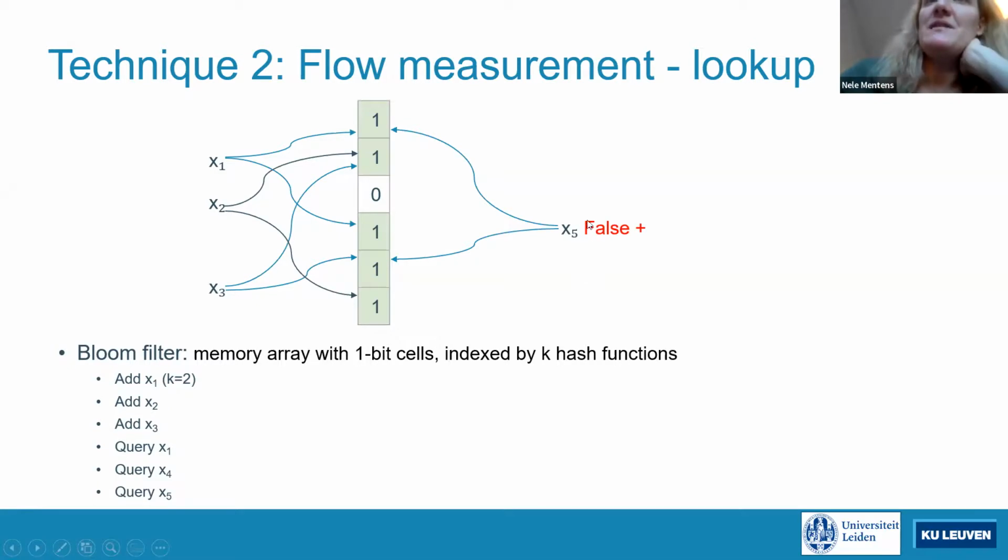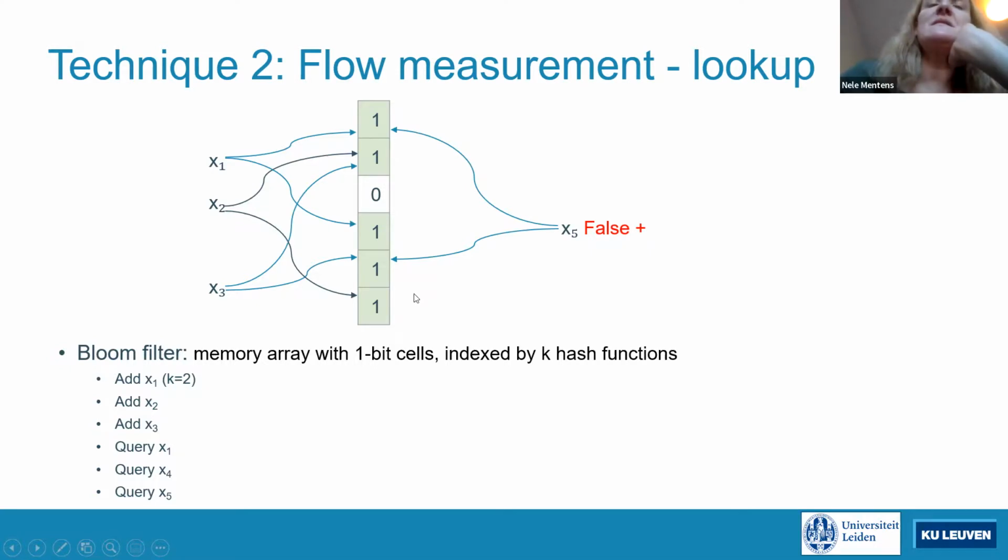But for example, we want to check if x5 is present. We didn't add x5. The hash functions h1 and h2 point to the first memory location and the fifth memory location, and there are ones there. But one came from x1 and one came from x3. So we have 2 ones. We need to conclude that x5 is present in the memory structure, but this is a false positive.